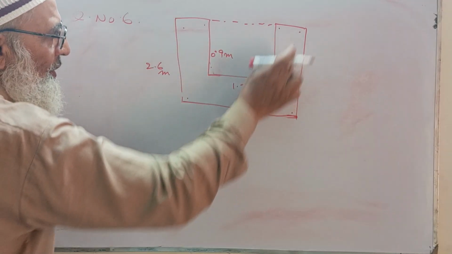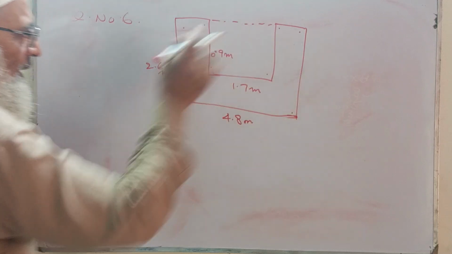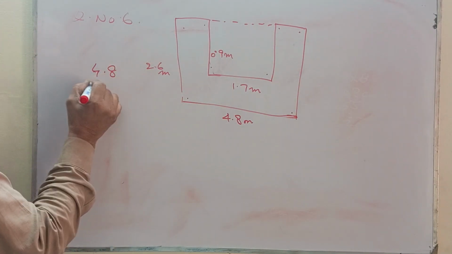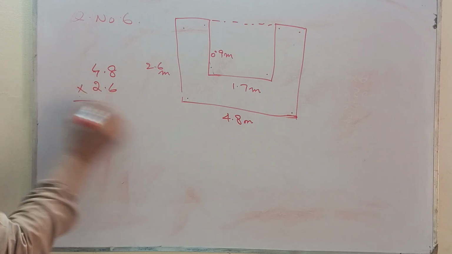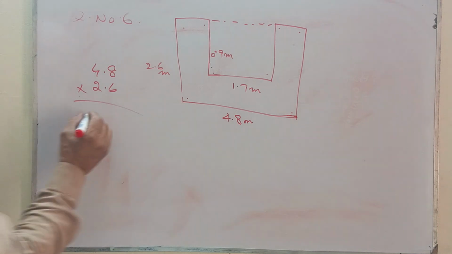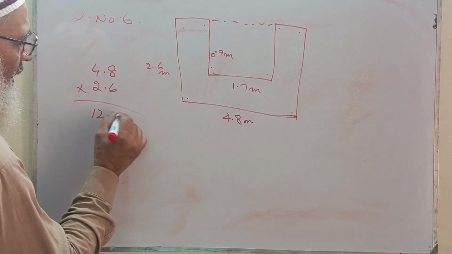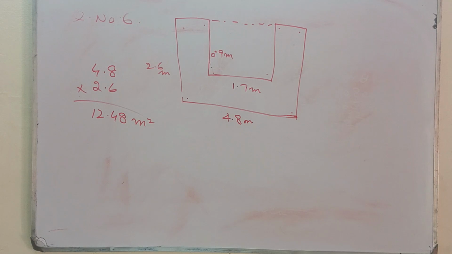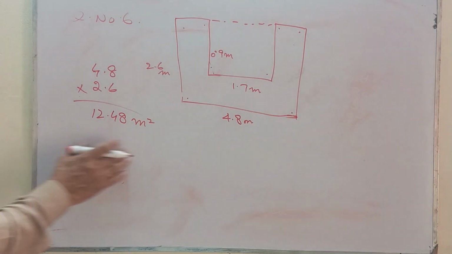Now we have to find the area of the whole rectangle. The area of the whole rectangle is 4.8 multiplied by 2.6. It will become 12.48 meters square.